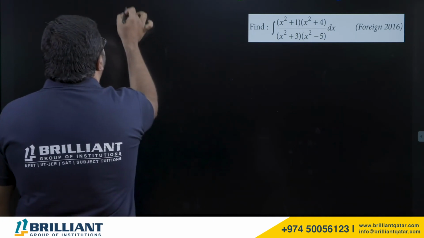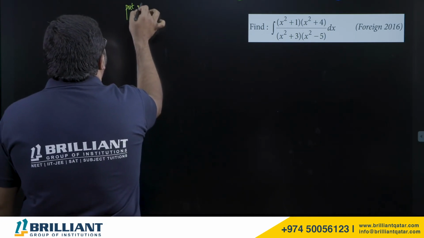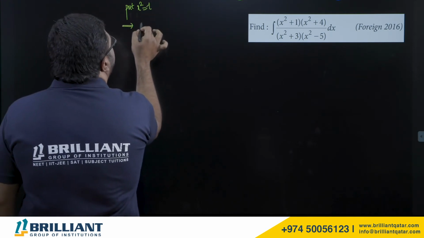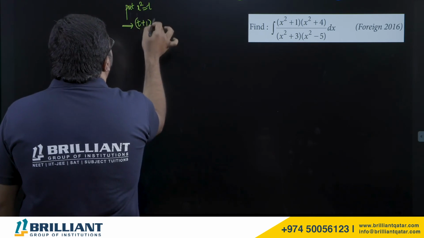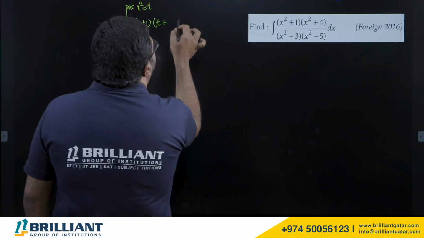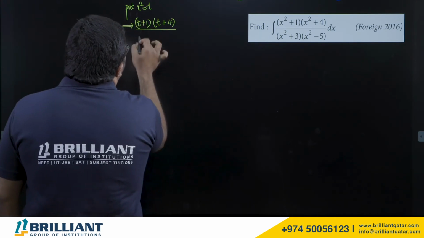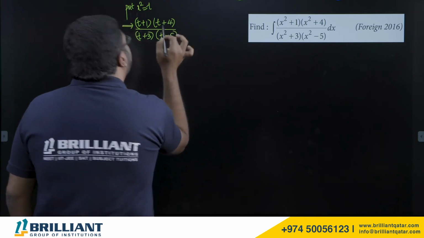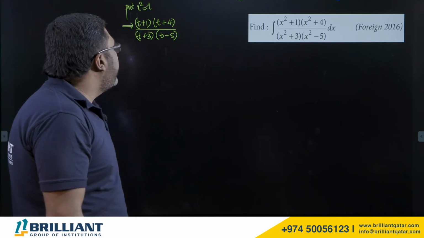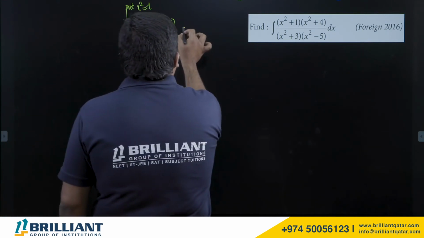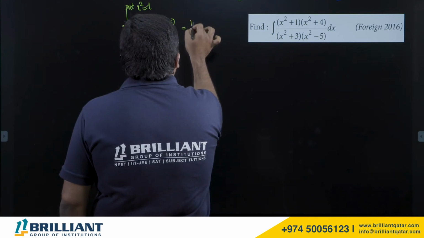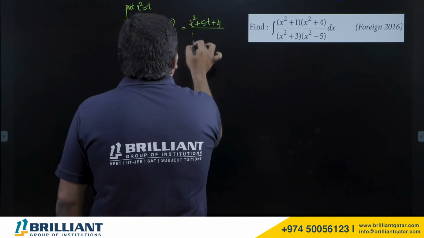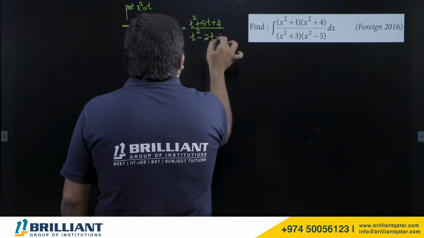So again, put x squared is equal to t. If I put x squared is equal to t, the question is going to be t plus 1 into t plus 4 divided by t plus 3 into t minus 5. You can't directly split it, because this is t squared plus 5t plus 4 divided by t squared minus 2t minus 15.